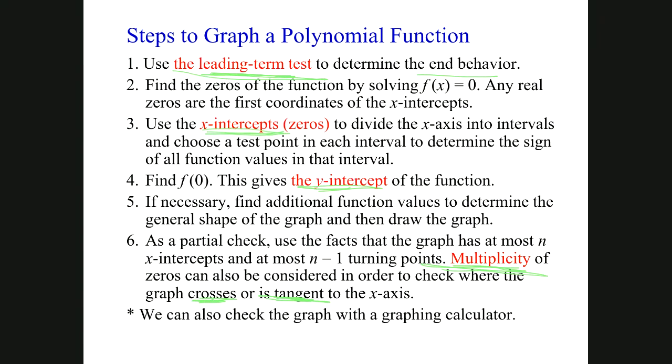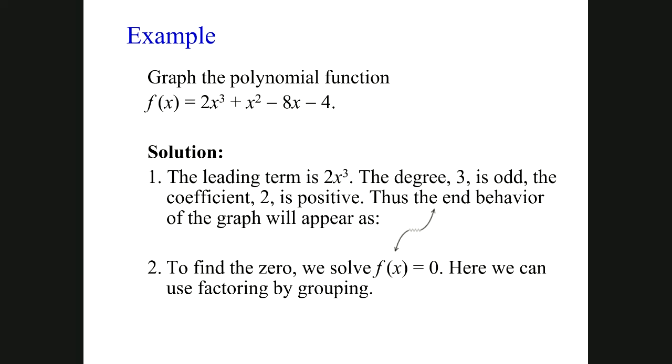Of course, you can always use a calculator to double check. But basically, if it's a polynomial, I can use these characteristics to graph by hand without using a calculator. If I want to graph this one right here, I pretty much can graph it by hand, because I know the leading term is 2x cubed.